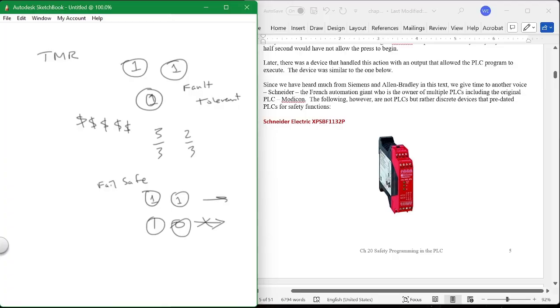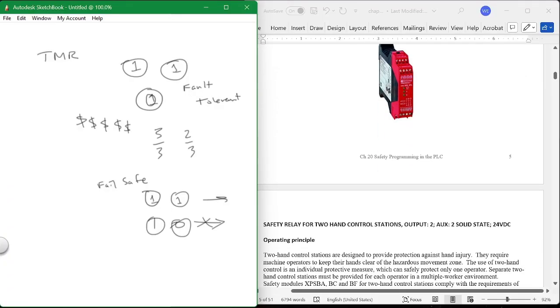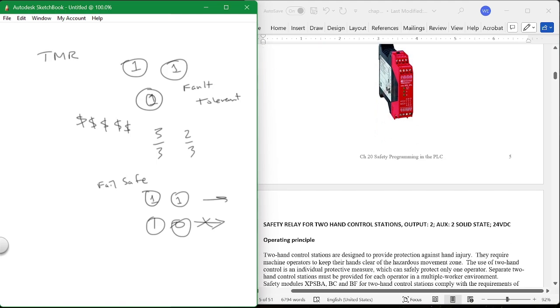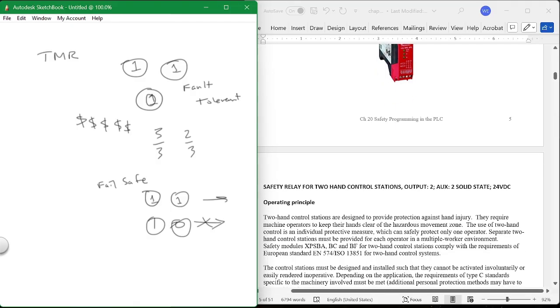But basically, what did we move on from here? We eventually moved to putting this function inside the PLC. So this function now can be put inside a program controller. It's called a safety relay for two-hand control stations, and that's what this does.